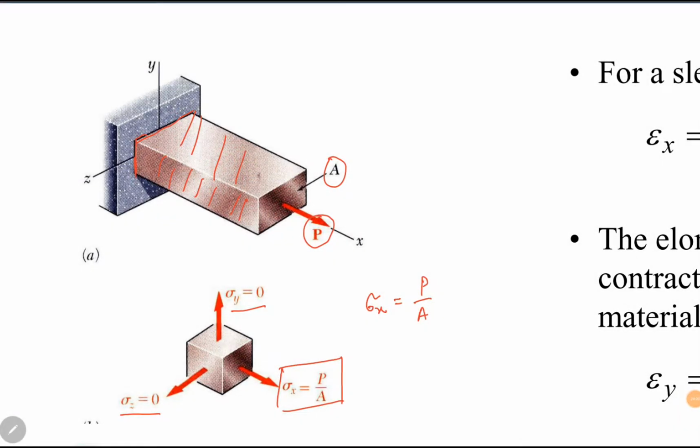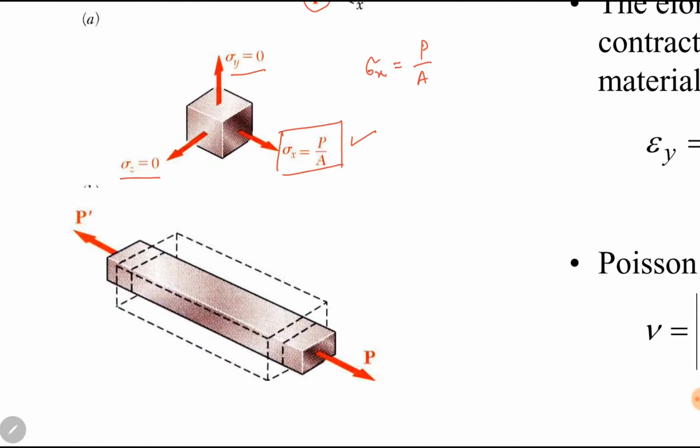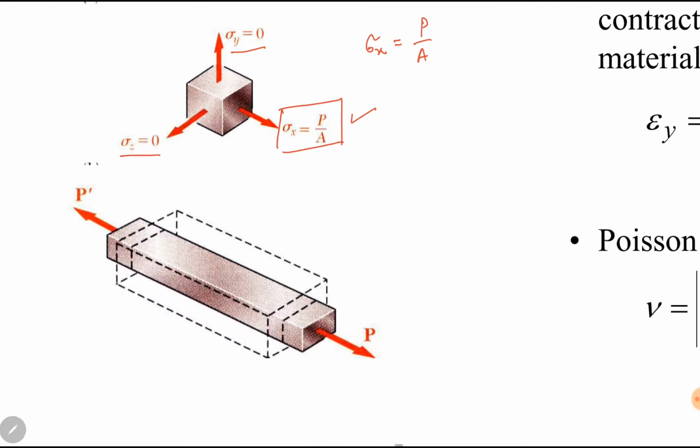So it is understood that there will be strain in x direction as well. But interestingly, there will be strain in the other directions as well. Stress is only in one direction, but strain will be in the other directions as well. Why? If we elongate this body, in this diagram you can see initially it was the dotted one, and after applying the force and elongating it, we can see the solid body.